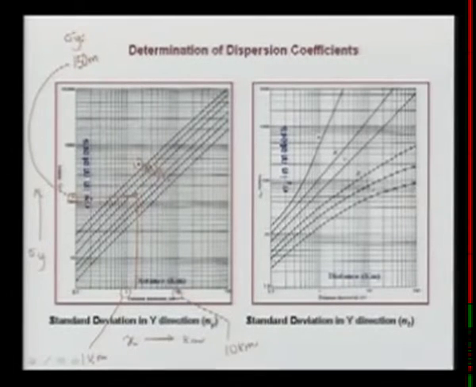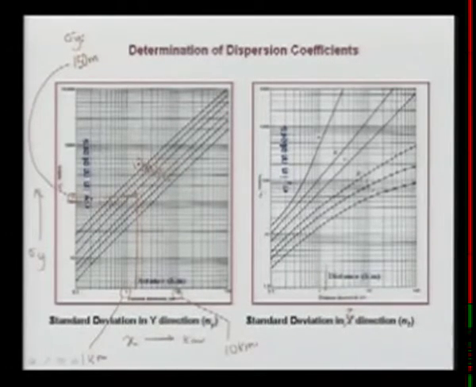So let us do the same thing for sigma z. This should be the standard deviation in the z direction. Now again I go to the same distance, 1489. The stability class is also the same. And then again let us find the value of sigma z.